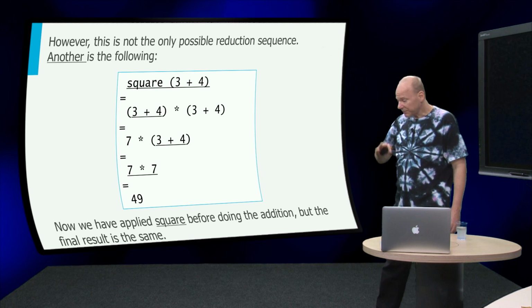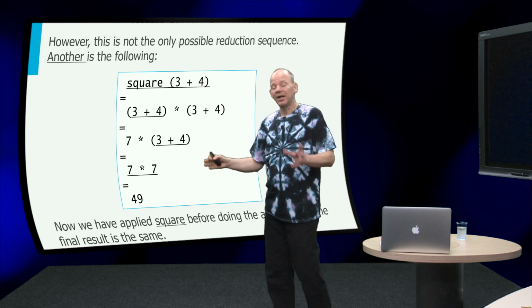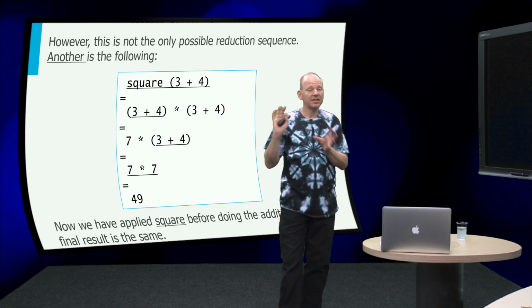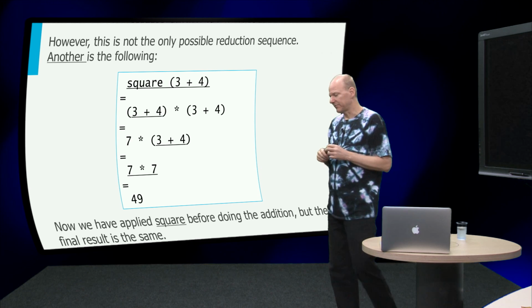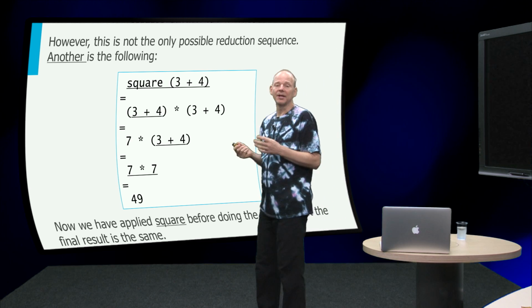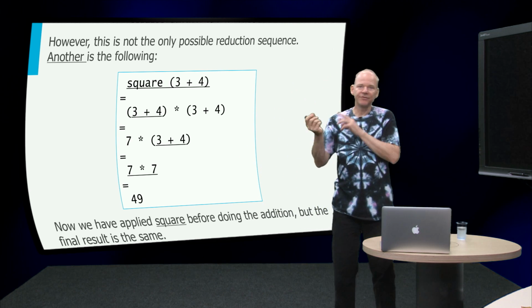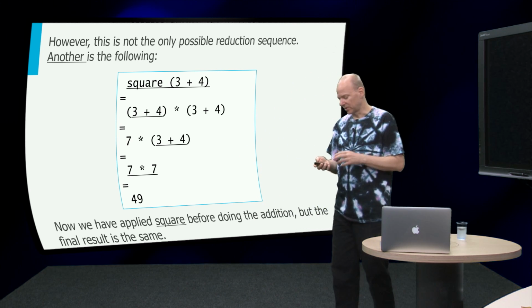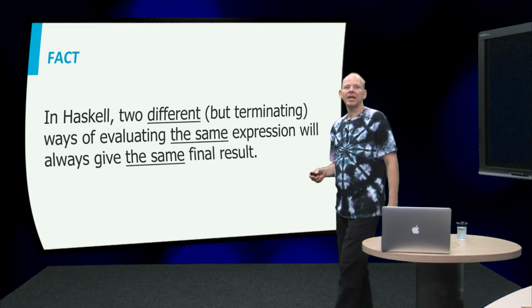And now imagine that there were side effects in this code. Well, in that case, since we're doing the evaluation in different orders, the side effects might happen in a different order and the result might be different. But since we're here in the pure world, it doesn't matter in what order you do these reductions. Okay?